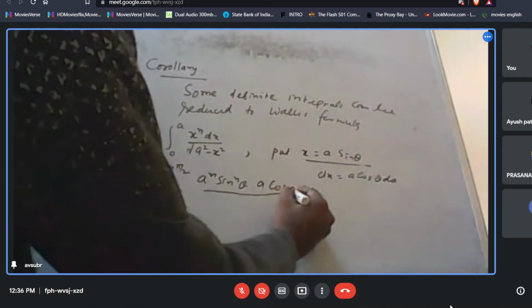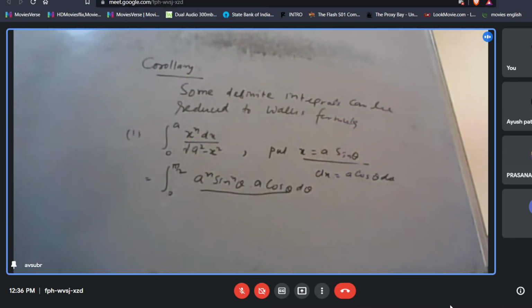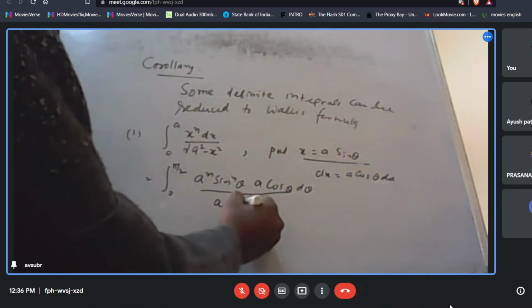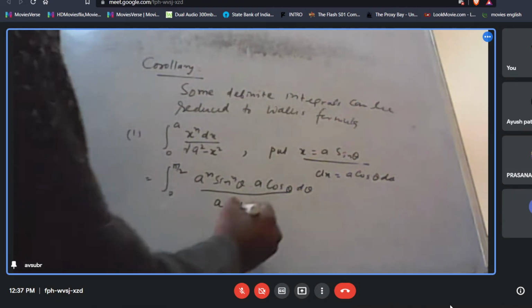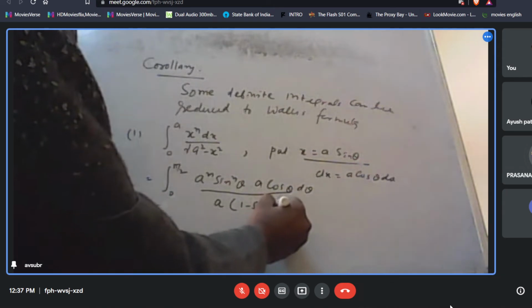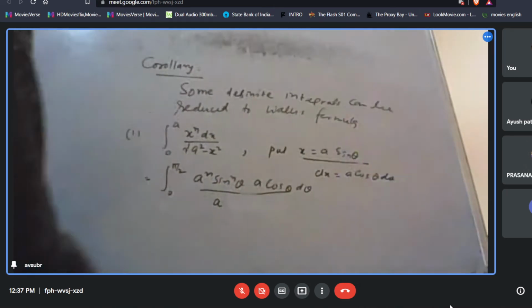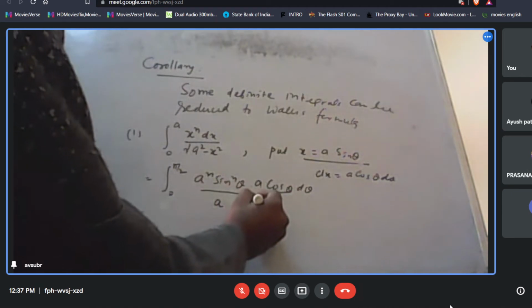Divided by root over a square into 1 minus sin square theta, which means cos square theta.